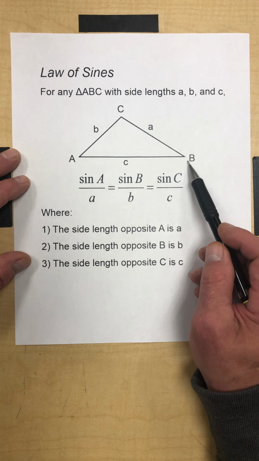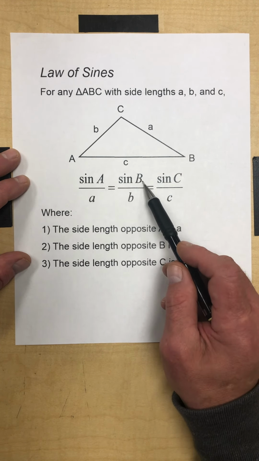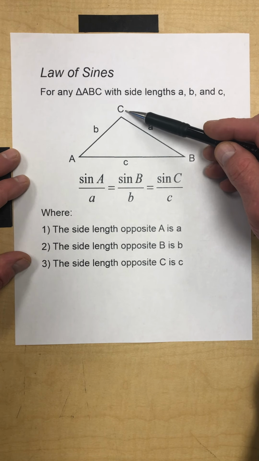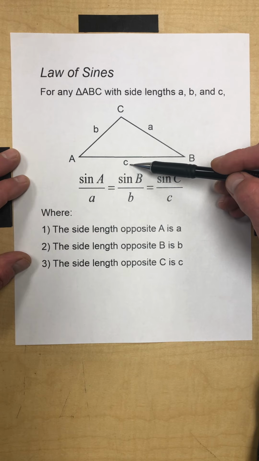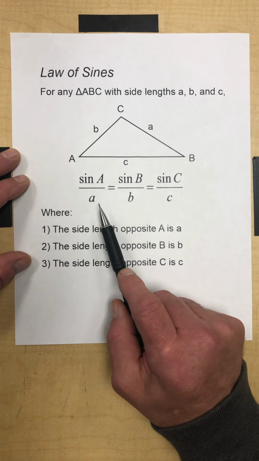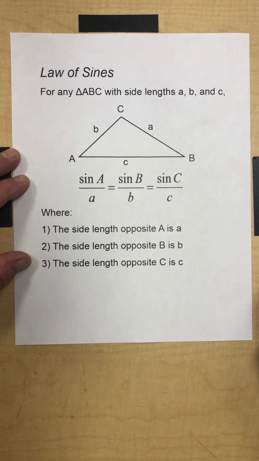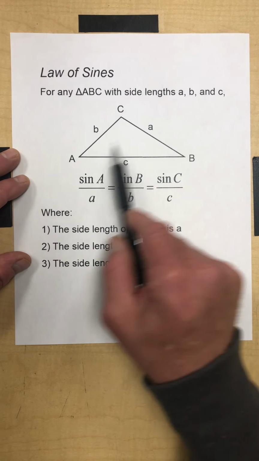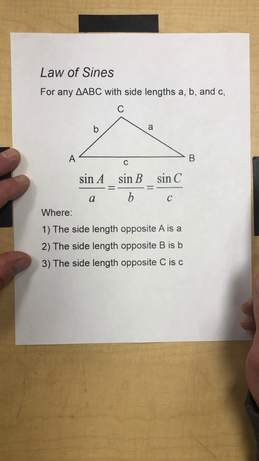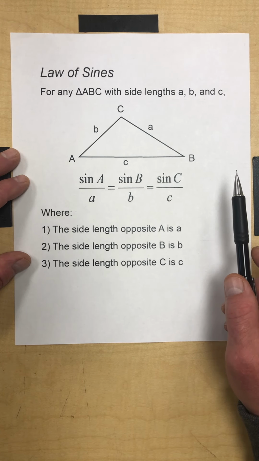So we would get the sine of angle B over the length of the side opposite that, so sine of angle B over this little b, and then the sine of angle C over this little c. In any triangle, these three ratios have to be the same. So we can use this to solve triangles that are not right triangles. Obviously if it was a right triangle, we could just use trigonometry to solve it.